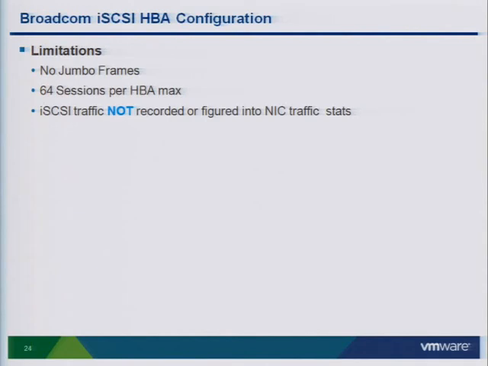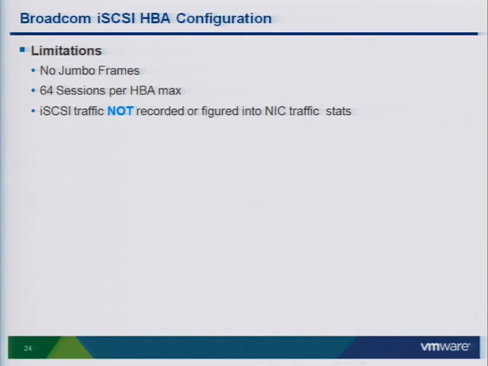So there are a couple limitations to iSCSI HBA. Right now, there's no jumbo frame support for it. Believe me, even without jumbo frame support, you get a huge efficiency gain from offloading the iSCSI traffic with MTUs of 1500. Right now, there's a max of 64 sessions. This is a problem if you end up with storage that actually presents each volume as a separate target, and you have a lot of different targets.